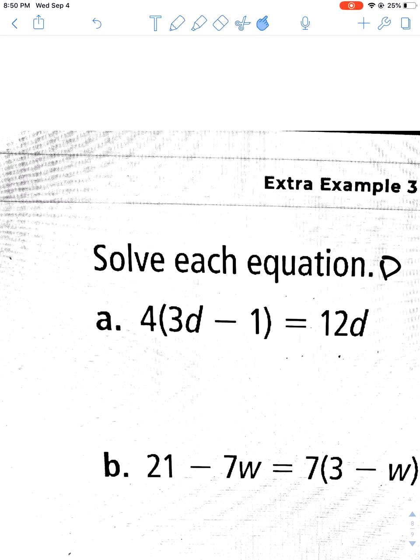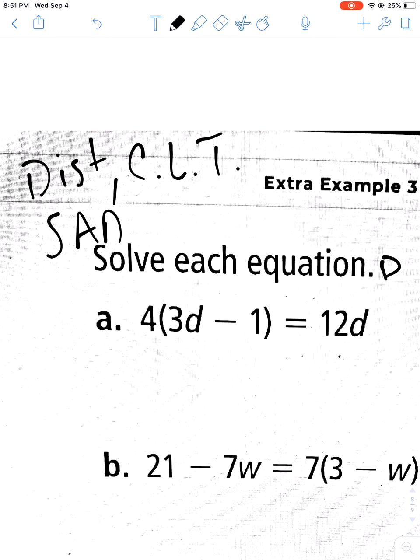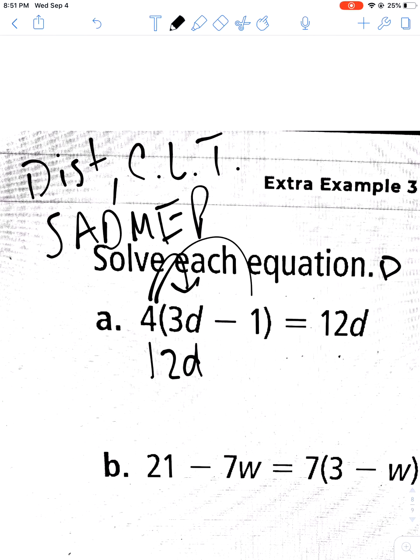So remember, 3 steps. Distribute. Combine like terms. Then SADMAP. So I distribute. 12D minus 4. Notice I'm multiplying it to everything. So now I need to move my like terms.